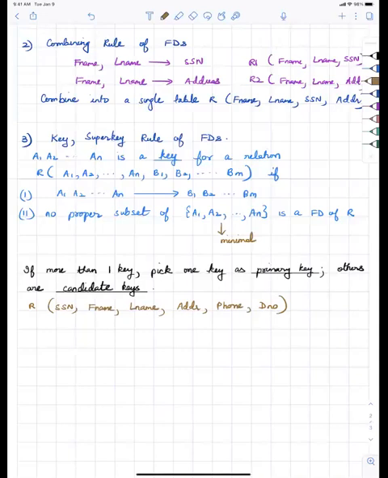Okay, and suppose you have SSN determines address, phone, DNO, and you also have first name, last name determines SSN.